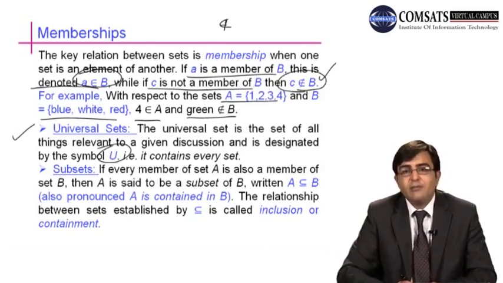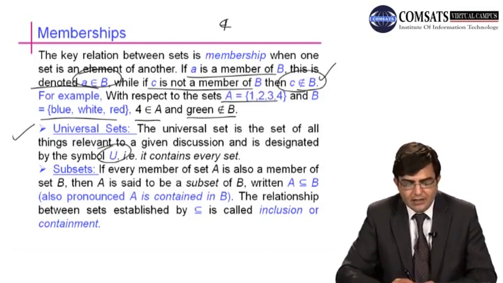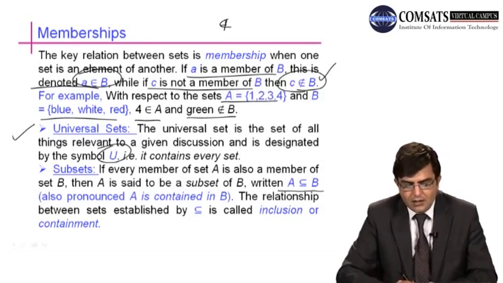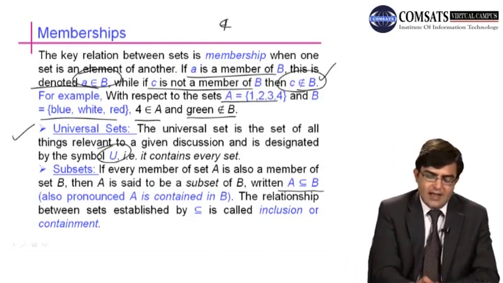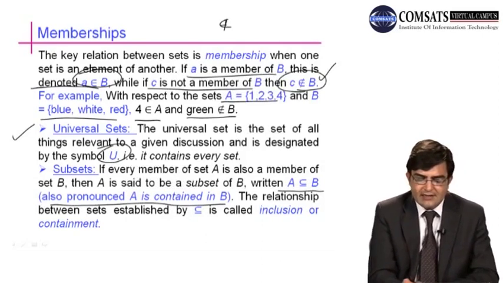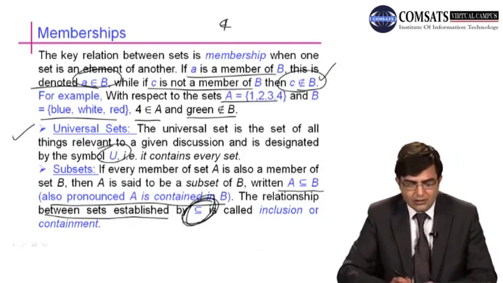Subsets: if every member of a set A is also a member of another set B, then A is said to be a subset of B and written as A is a subset of B. Also pronounced as A is contained in B. The relationship between sets established by this symbol is called inclusion or containment.